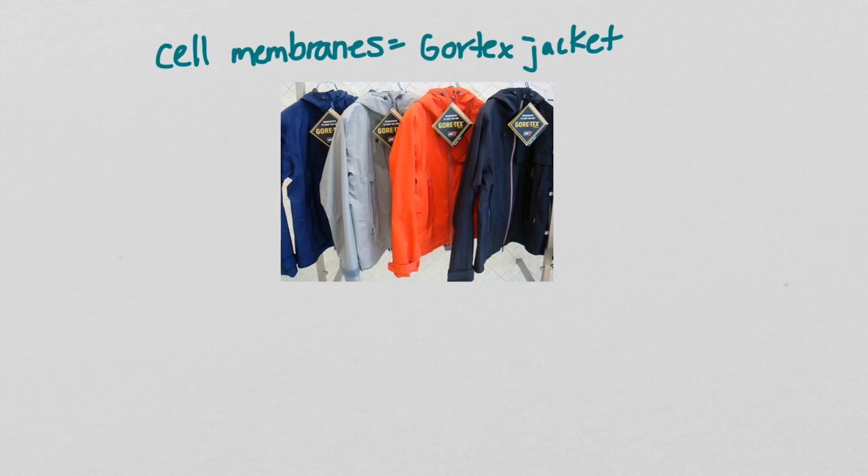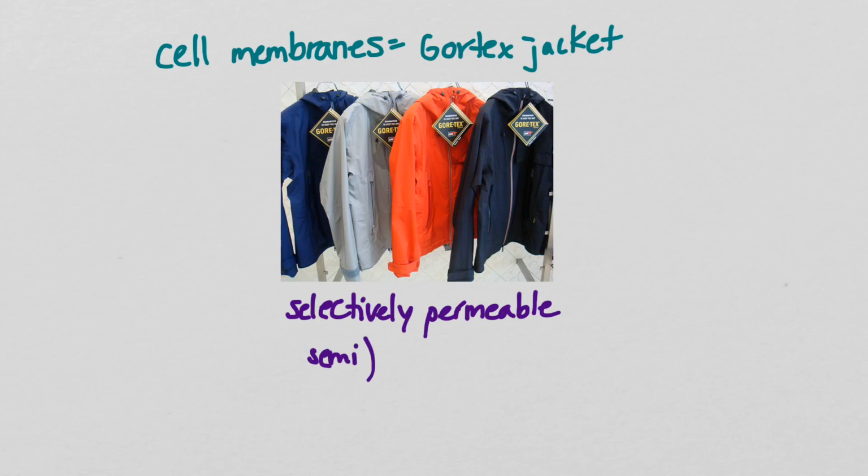So we'd call this Gore-Tex jacket and also your cell membranes selectively permeable. Some people may call this semi-permeable instead, but we're not going to use that word. You may hear other students that use it instead, or textbooks, but semi-permeable means it kind of is, but selectively means it's choosing what can and cannot come in and out.